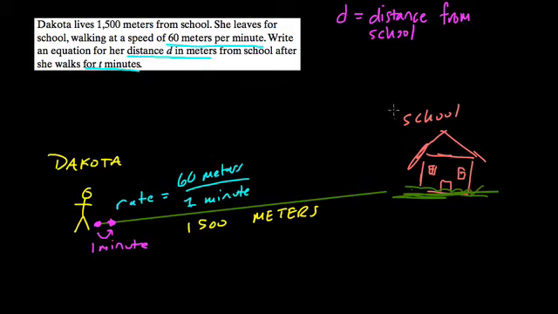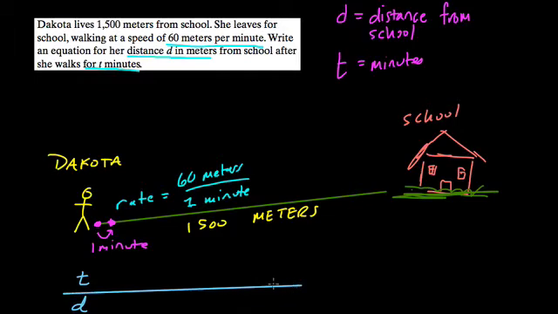So our distance from school is going to decrease over time, right? Assuming nothing else happens, minute after minute, she'll walk closer and closer to school, and the distance between her and school will lessen. And t is equal to time in minutes. And again, if you're having a hard time thinking about this problem, set up maybe a simple table. We have t, time, and d, distance from school, and then plug in some values to see what's happening.